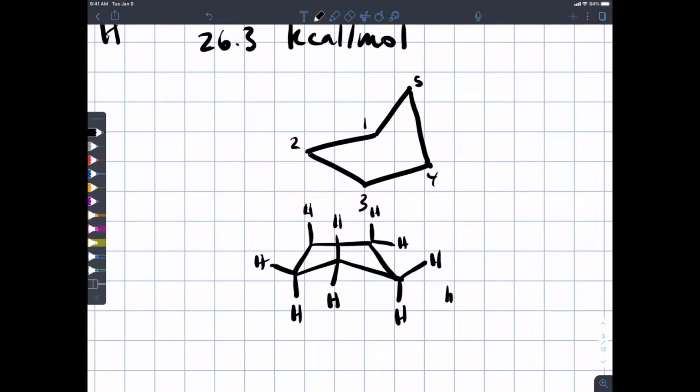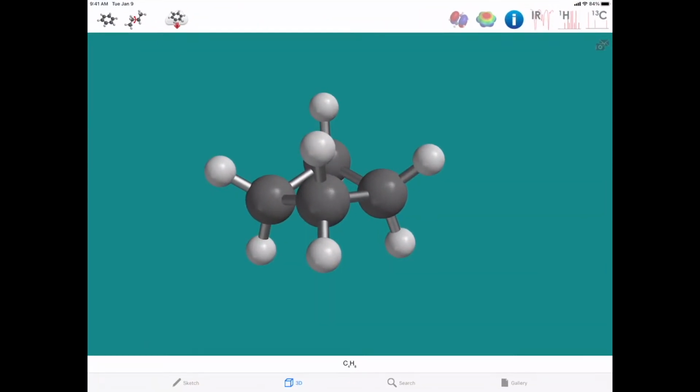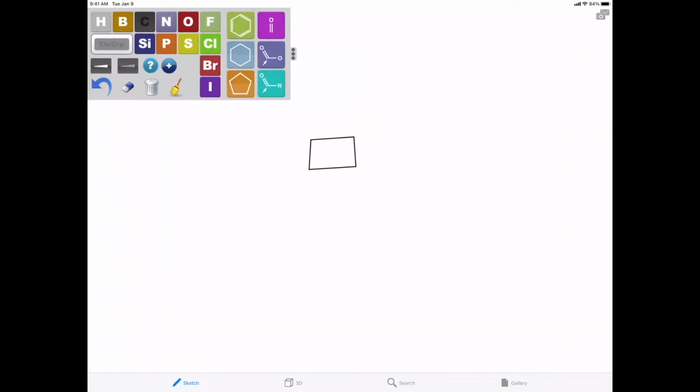In the half chair, instead of being just atom 5 out of plane, atoms 4 and 5 are out of plane, and then here's 1, 2, and 3 in the same plane. And we won't worry about the relative energies of these conformations. If you want to get a sense for what it might look like, we can draw it.